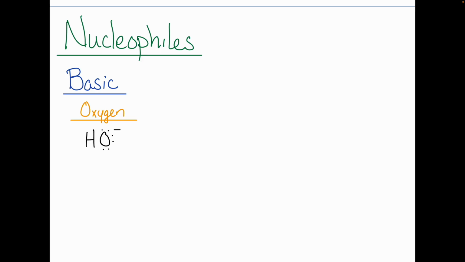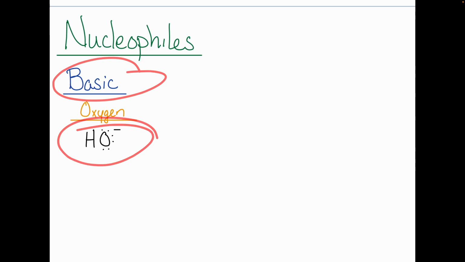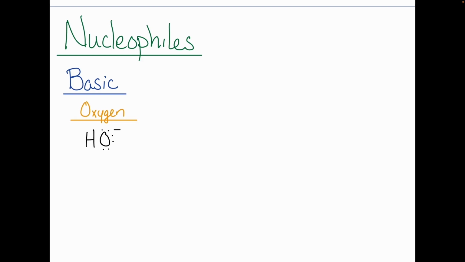Right, I mean, hopefully when I say base, the first thing that you think of is hydroxide. Those make basic conditions, and they're also good nucleophiles, right? Strong bases and strong nucleophiles. Likewise, since this is organic chemistry, instead of having a hydrogen, I could have an alkyl group, those deprotonated alcohols or alkoxide ions. Those are also good basic condition nucleophiles.